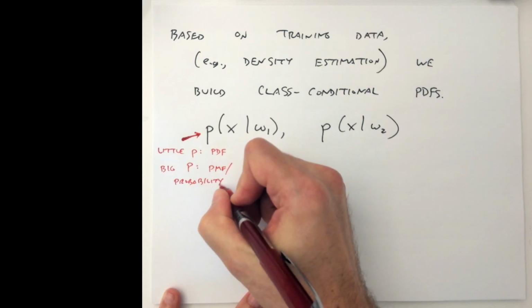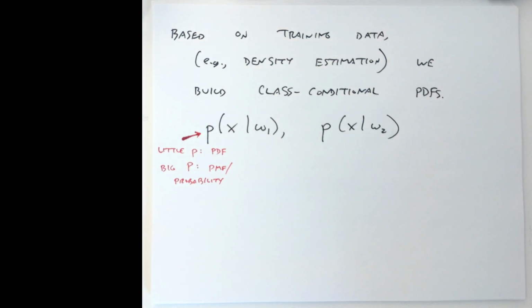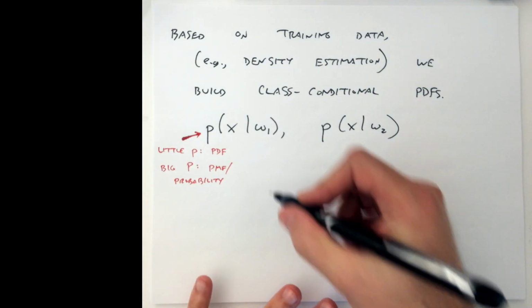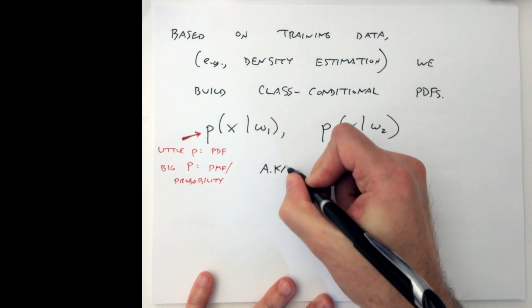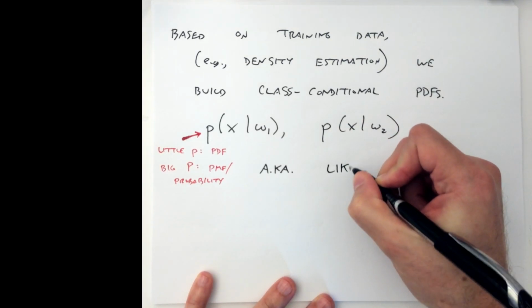So usually in the discrete world, I'm using a big P, and in a continuous world, I'm using a little p. I know it's hard to distinguish which one I'm talking about on a piece of paper, but generally we're going to be able to understand it from context, I hope. So these are called class conditional PDFs, also known as likelihoods, and that's an important word.